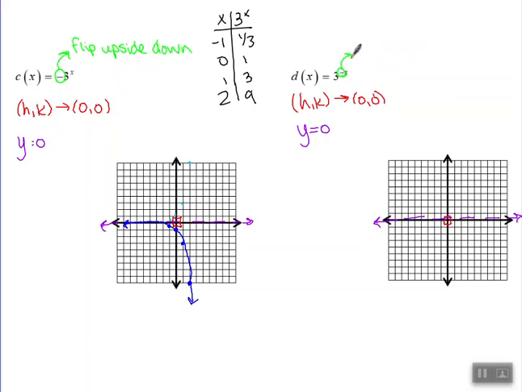This is going to flip our graph over the y-axis. So instead of our graph being here, we're going to reflect it over the y-axis. And this will be our graph.